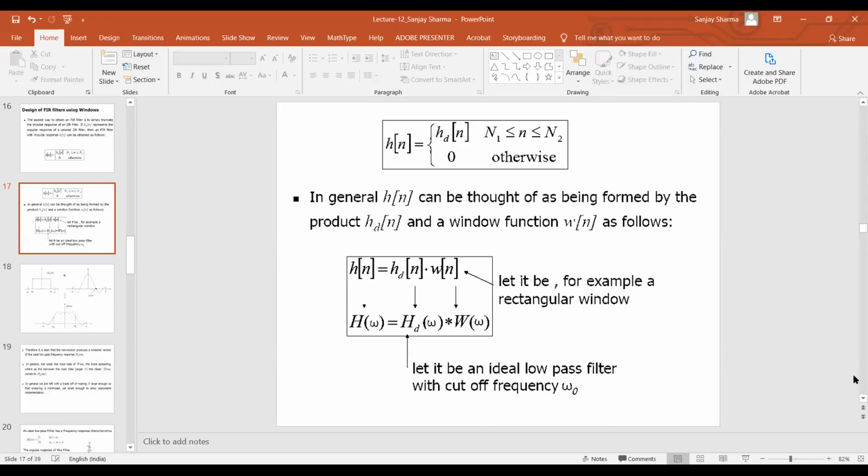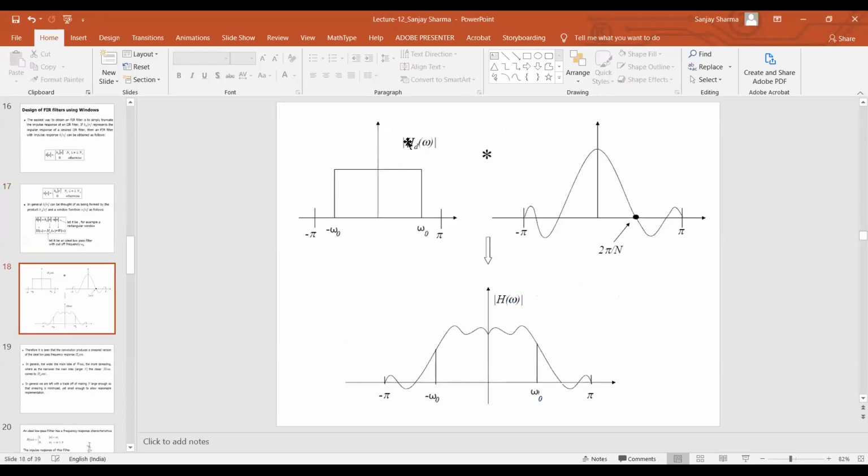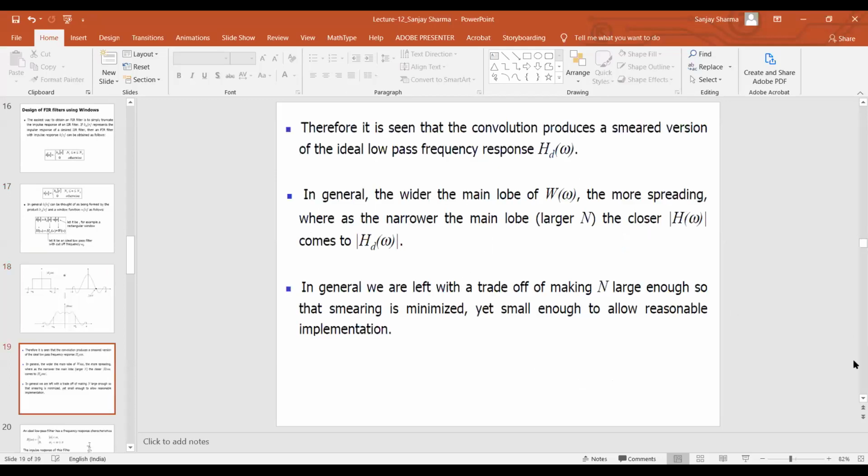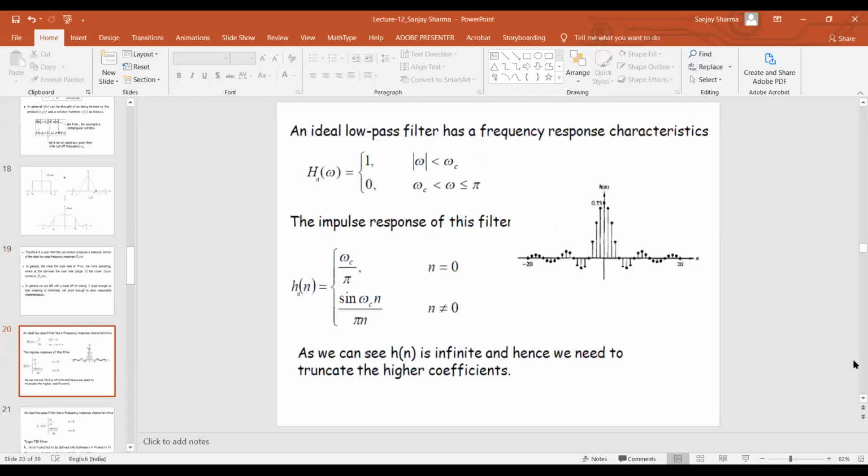So this is my frequency response Hd(omega), and this is the window function. That's how the response will look in the final filter. Let's not go into that, let's stay with the procedure only at present.